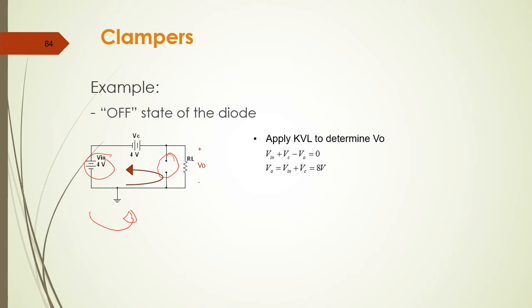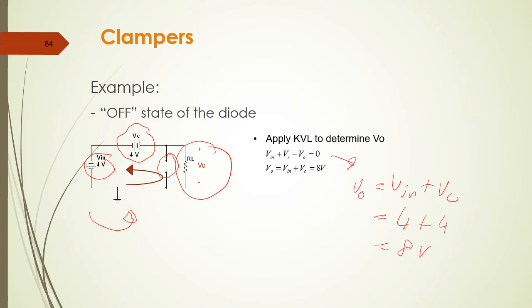V in, and then we minus V out, we plus VC equal to 0. We will have V out equals to V in plus VC. The value of V in is 4 and VC from the previous on state is equal to 4. So the output voltage will be 8.